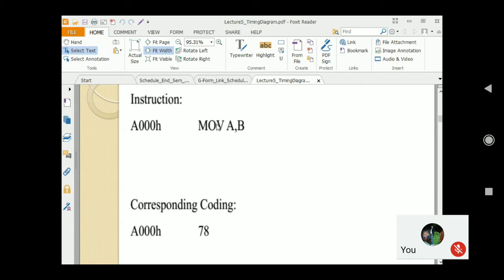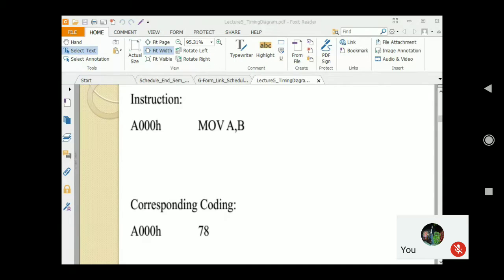I have already studied all this. We have 74 instructions, and for the move operator we have different combinations. I can move A, M, and A, C also, and the corresponding value will be different. Just go to the appendix on the last page of the Microsoft Word file, and you will see the different codes.